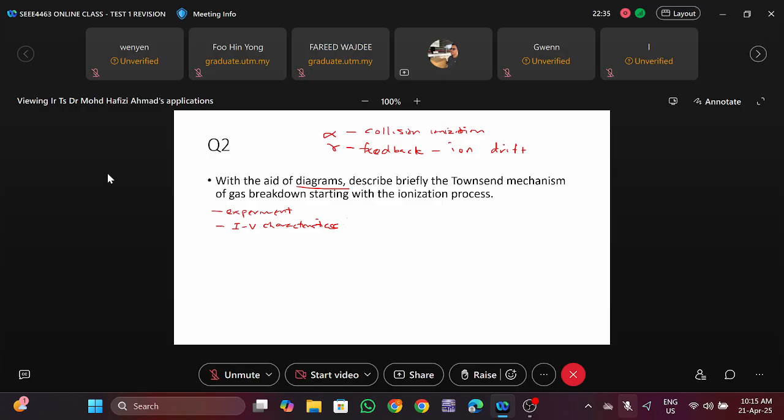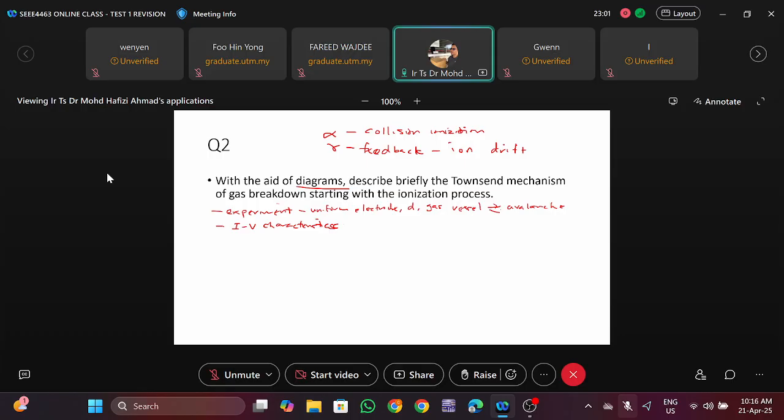Okay, all right. So the experiment is using uniform electrodes with a small gap d in a gas vessel. And then you need to also consider the avalanche.